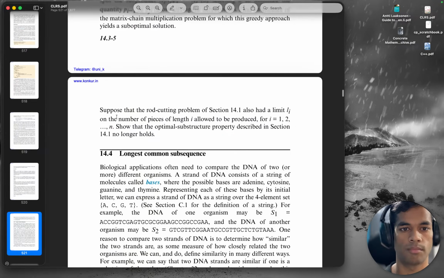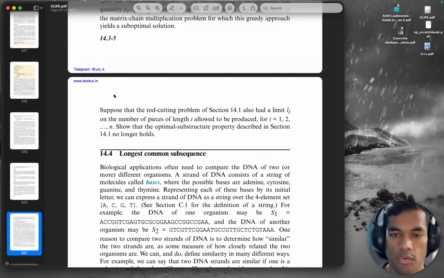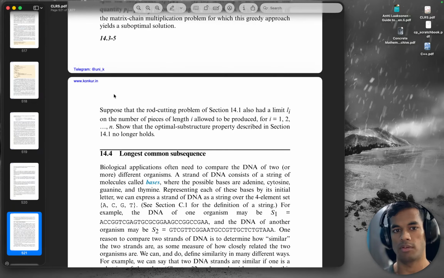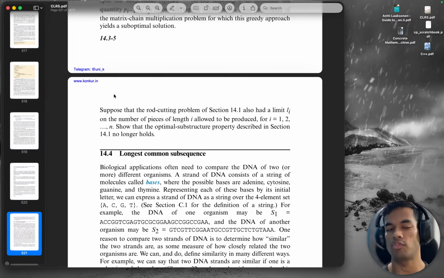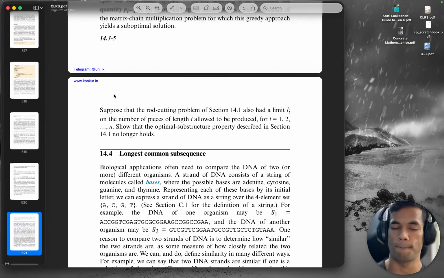For the last question, suppose that the rod cutting problem of section 14.1 also had a limit Li on the number of pieces of length i allowed to be produced for i equals 1 to n. Show that the optimal substructure property described in section no longer holds. Yeah, so because now the subproblems are not independent, right?